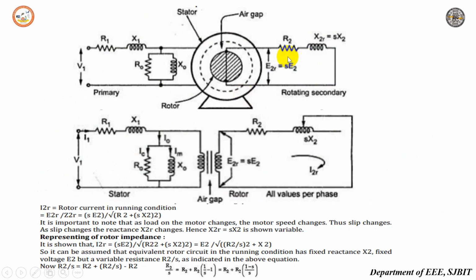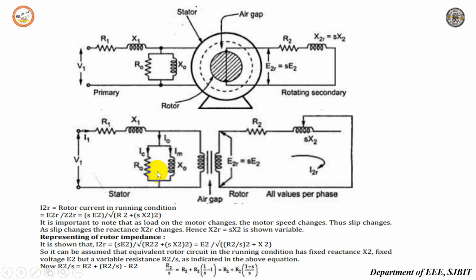This is the stator side and this is the rotor side. And just like referring to a transformer, it appears like this. This is the exciting circuit, that is the core exciting component. So that is how we draw the phasor diagram.